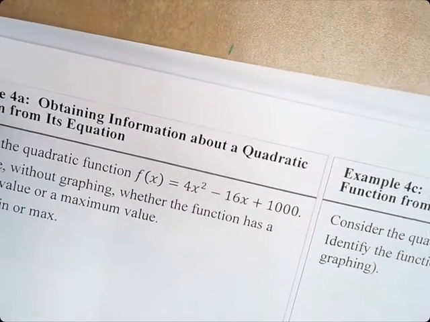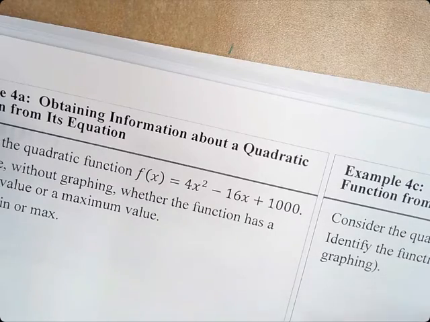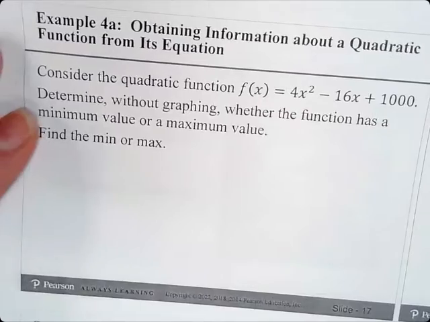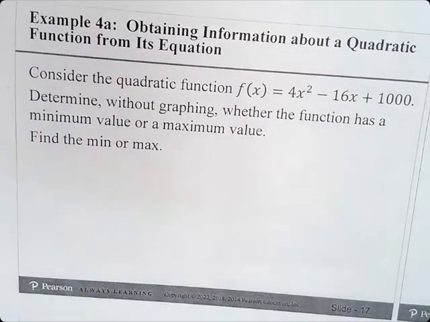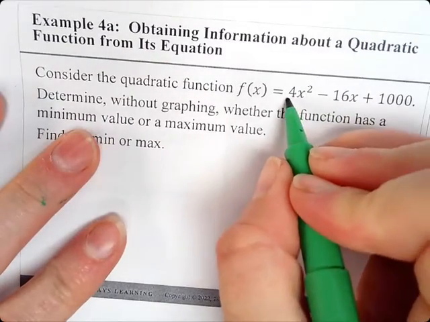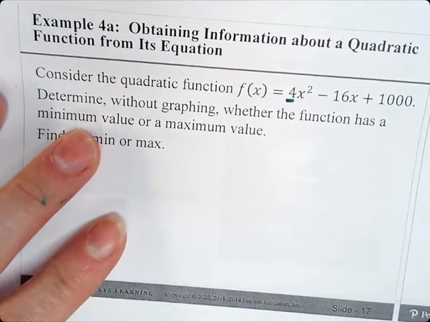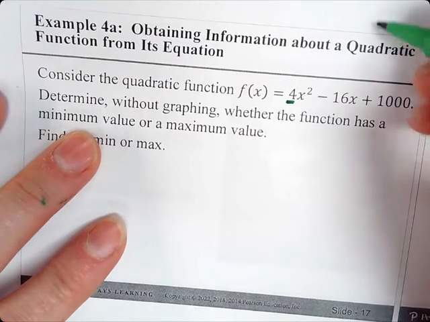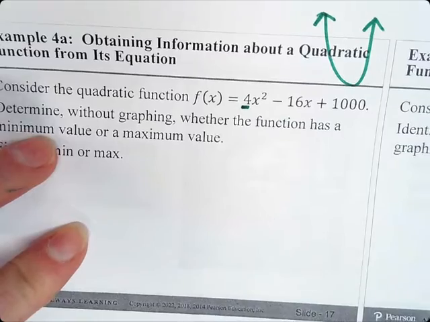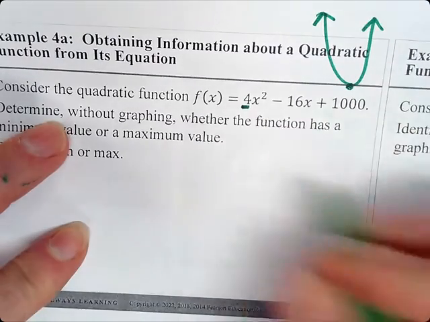We are going to determine without graphing whether the function has a minimum or a maximum, and then find the min or max. So if we look at our function, f of x equals 4x squared minus 16x plus 1,000, our a value is positive, so we know it's going to open upward. So since it opens upward, we are going to have a minimum.